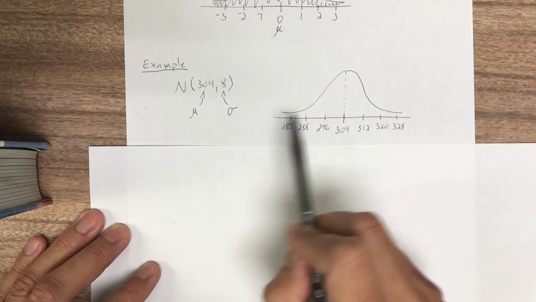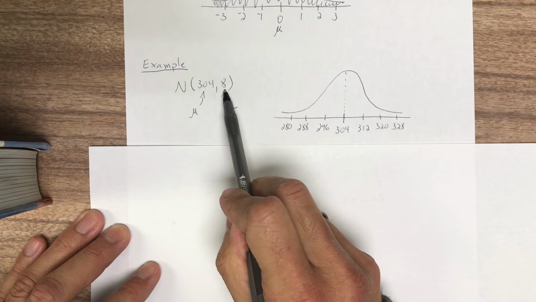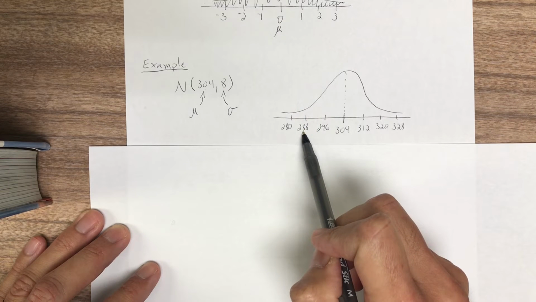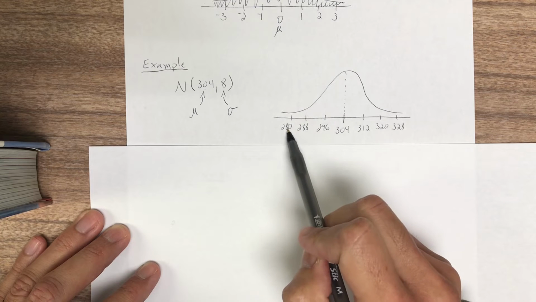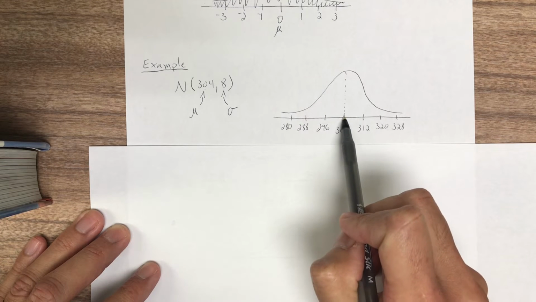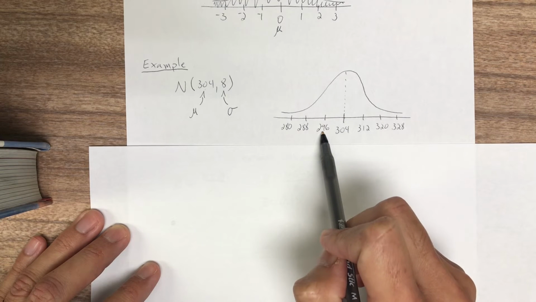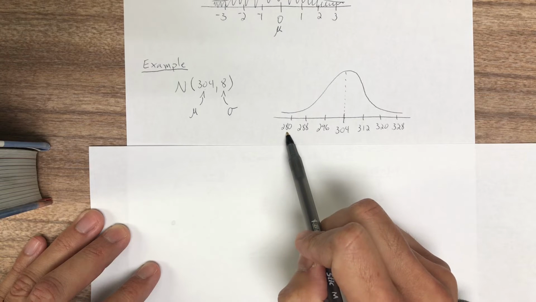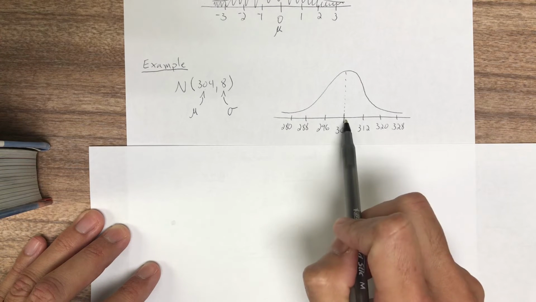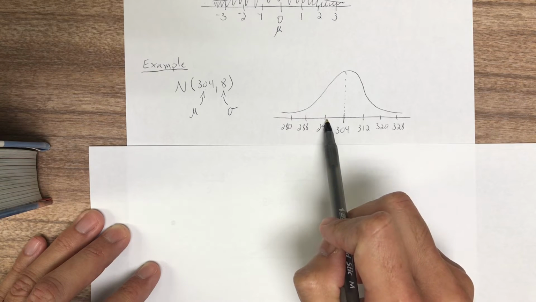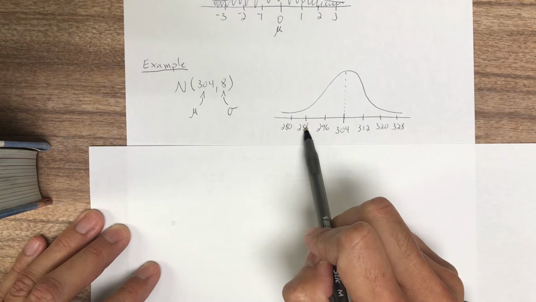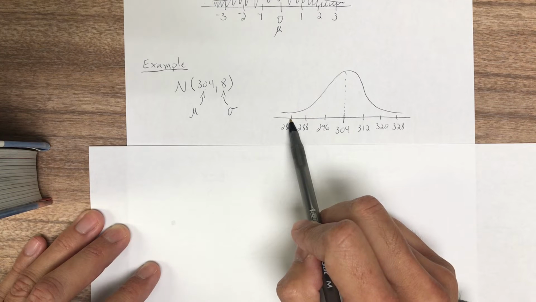Subtract 8 again, because that is the standard deviation they give us for this distribution, and that's 288, and subtract 8 again, and that's 280. So from the center to the left, this is 1 negative standard deviation, 296, 2 negative standard deviations, 288, and 3 negative standard deviations, 280.